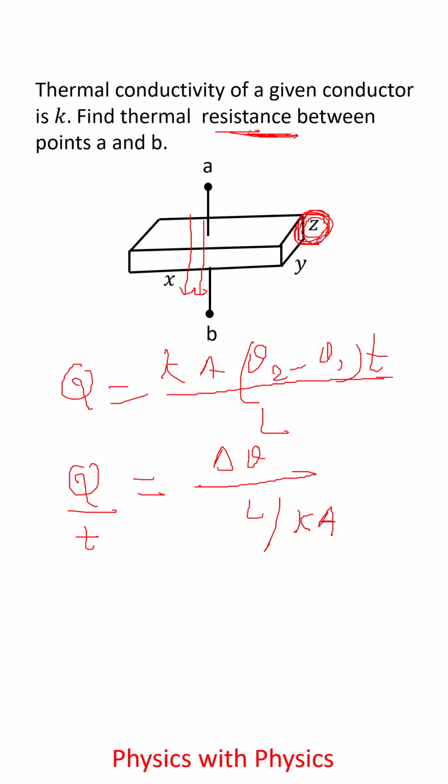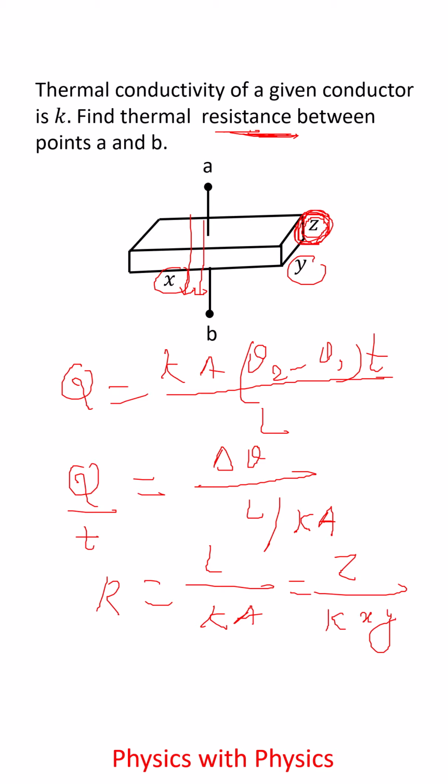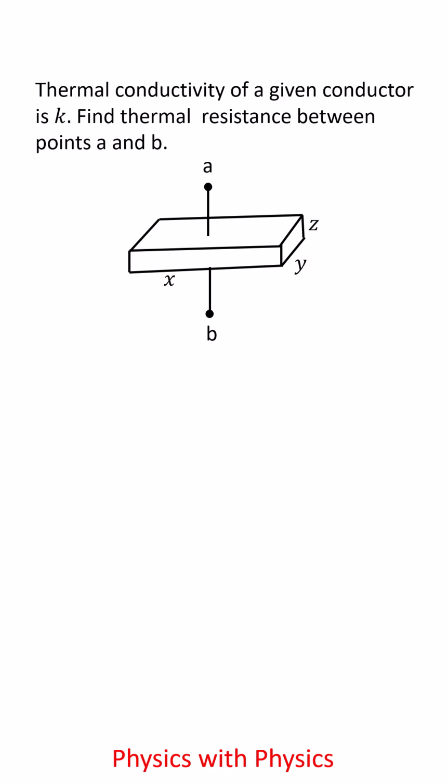Here R equals L by KA, and this L thickness in our case is Z. And area, this is length x and this y is breadth. That's why area becomes xy. That's why R equals Z upon Kxy, which is asked in the question.